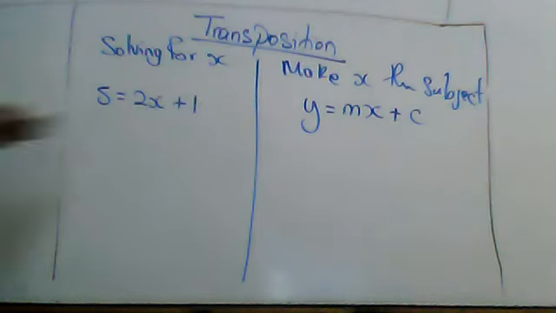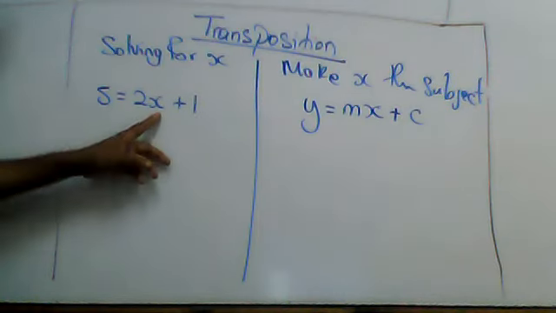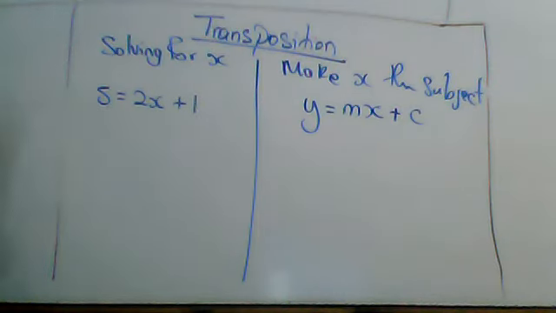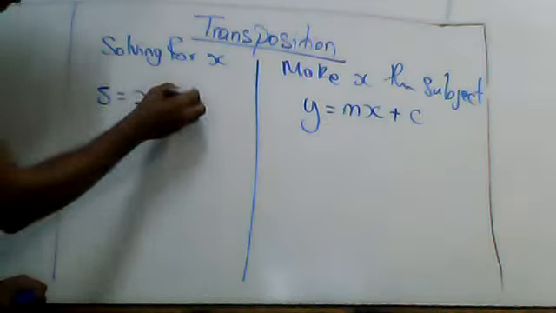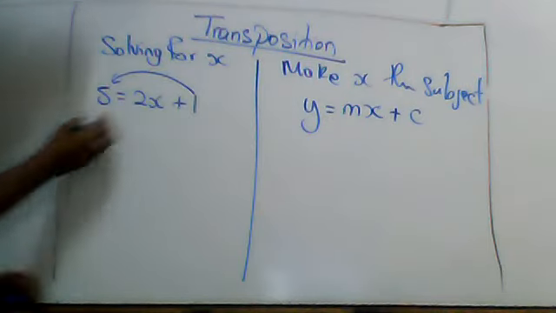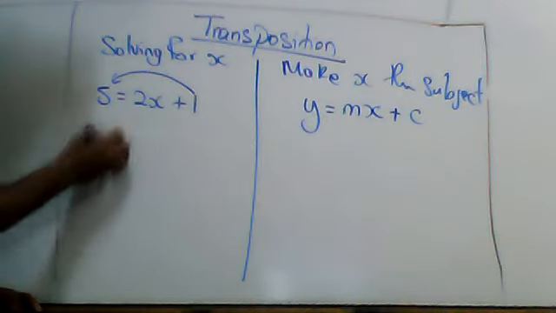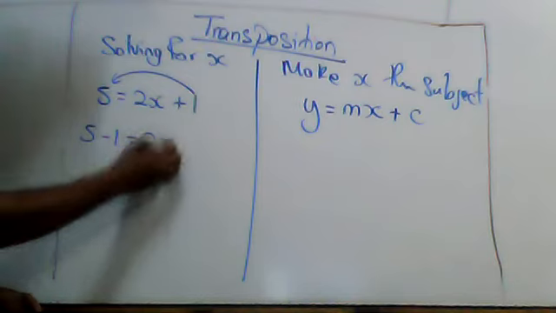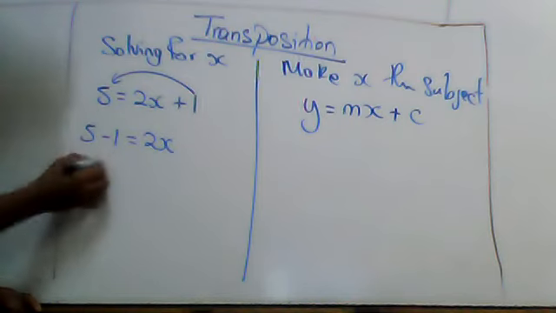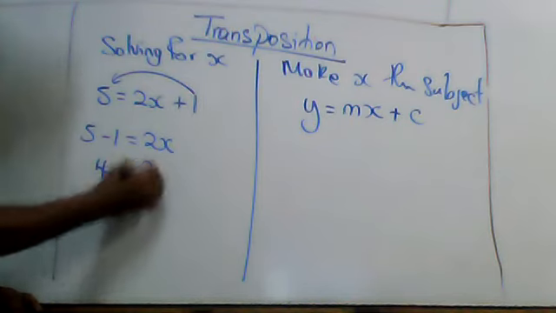Now, solving this linear equation, we need to solve for x. So the first step is we're going to group like terms. I'm going to bring over the 1. I'm going to have 5 minus 1 equals to 2x. After simplifying the 5 minus 1, we're going to get 4 equals to 2x.